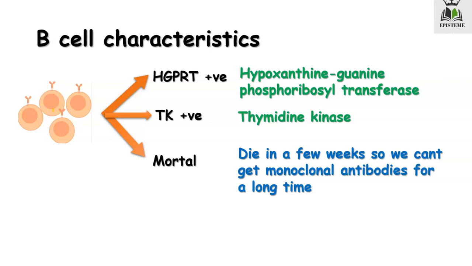That means these cells die after a few weeks, and as a result, we don't get production of the monoclonal antibodies for a longer time. For treatments, we actually prefer an alternative where we can get the benefits of the monoclonal antibody for a longer period of time. So here is the problem with the B cells. They are mortal in nature.